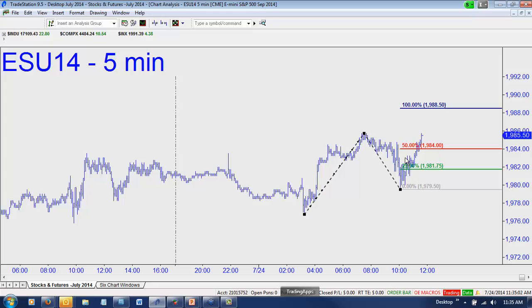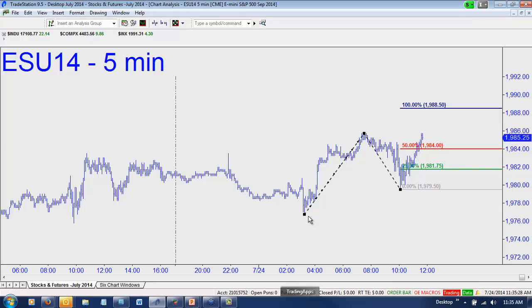But P is really where you get most of your information, and we're always looking for how the stock or future or whatever you're looking at interacts when it first encounters the P midpoint of an ABCD pattern. And again, P is simply the calculated midpoint of that CD leg. So you've got A, B, and that is approximately 1977 to 1986.